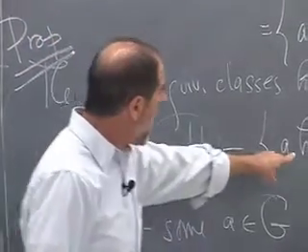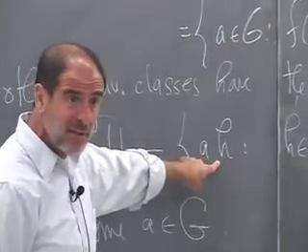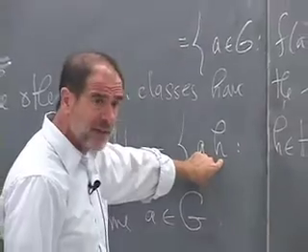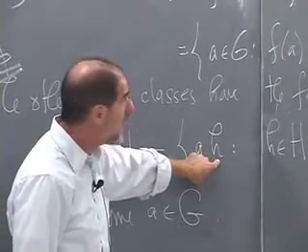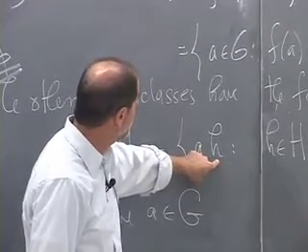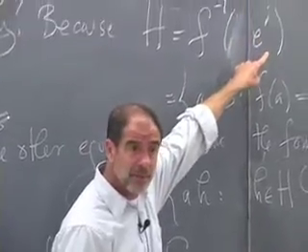Because if I apply f to an element like this, I get f of a times f of h, and f of h is, by definition, the identity element.